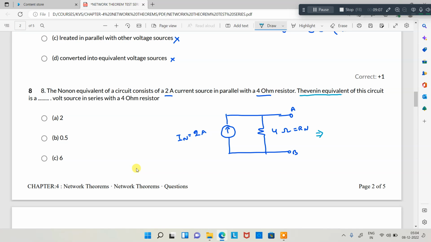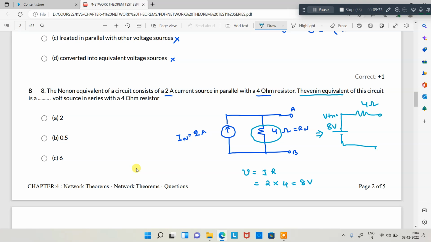Okay, how to convert? See here. This is the current source, right? Current source converts into voltage source. V is equal to IR. What is the I? 2 amperes. R is 4. That is equal to 8 volt. So that means here 8 volt is a Thevenin's voltage, right? And resistance 4 ohms is the same 4 ohms connected here.